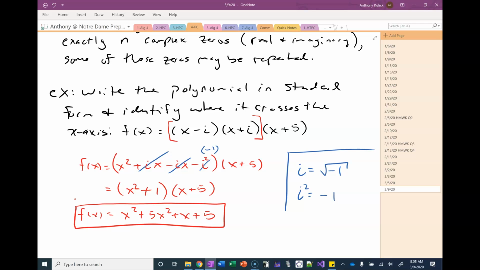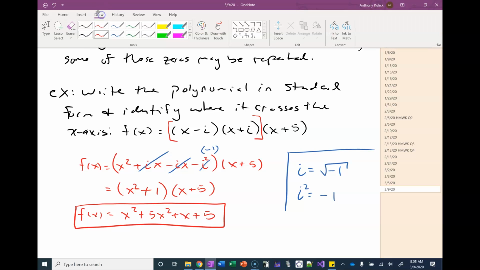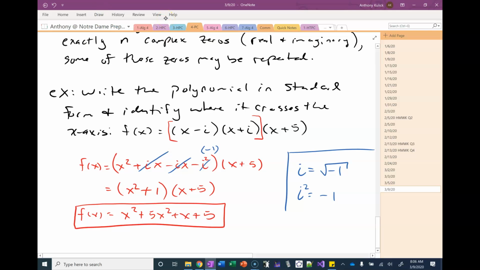And then where is this going to cross the x-axis? Remember, I can find the places where the polynomial crosses the x-axis by setting each of the factors equal to 0. But i is an imaginary number, so is that going to represent a place on the x-axis?